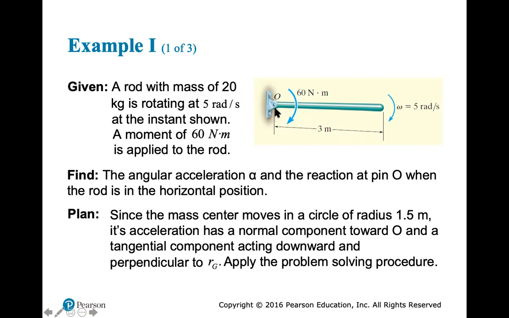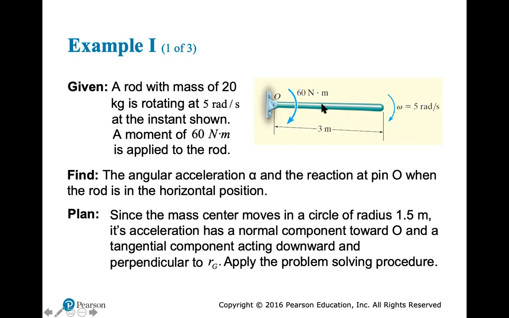Okay, so our plan is to choose coordinates, come up with a free body diagram, write down F equals ma in both directions, allowing for the possibility that there is some sort of a force generated at the pinned location, and then write down the torque equation.